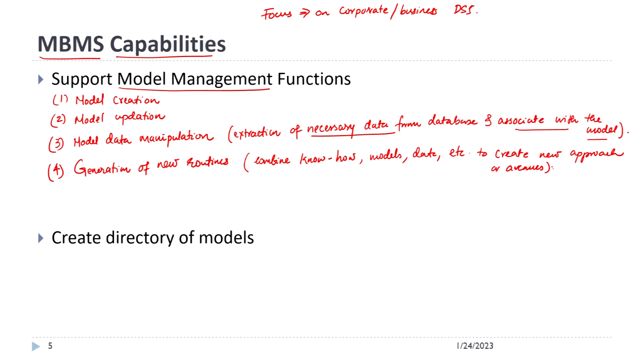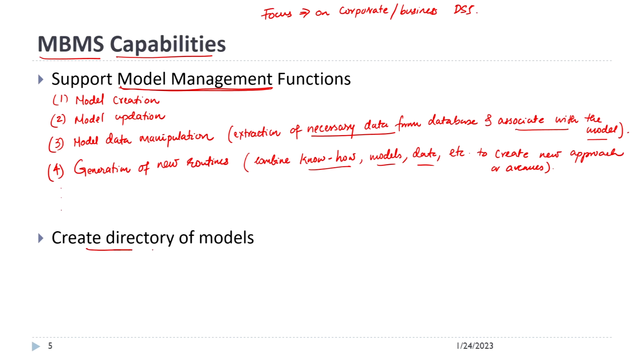So, your system should also be able to create new routines, where you may change the know-how, the models, the data, or all of them, so that new things can be achieved. There are other functions also, but these are the four major functions.